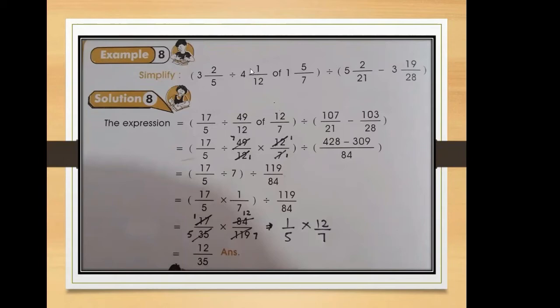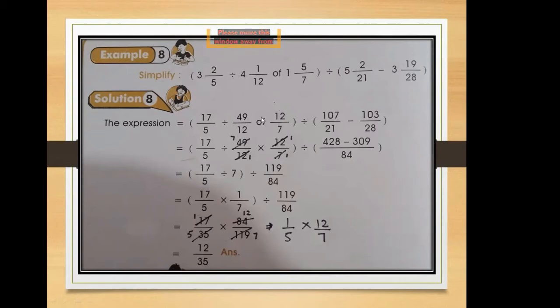Now the next, 12 multiplied by 4 plus 1, it becomes 49. Simple. 12 multiplied by 4 becomes 48 and then add 1. It becomes 49 over 12. Of. What I told you in the previous class, of is denoted as multiplication.